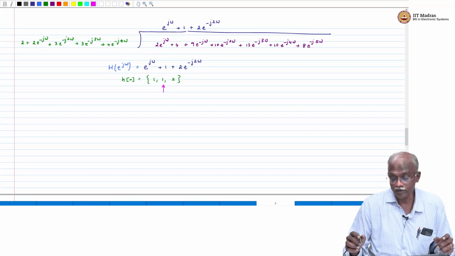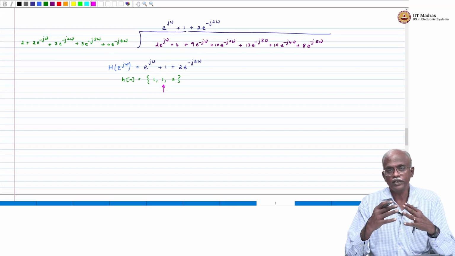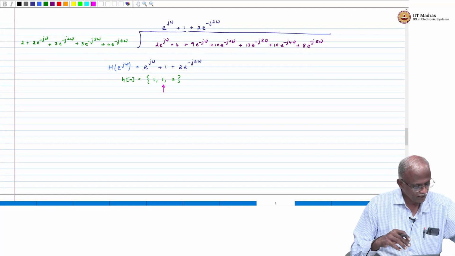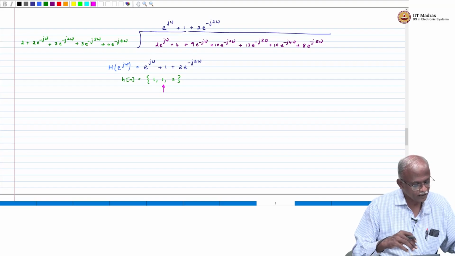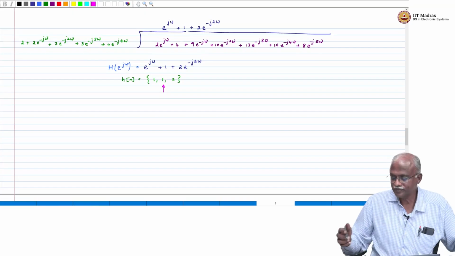The same calculation, if you had to do it in time domain, would require many steps. You can try that. You will find that it is quite cumbersome, and what we have done is a very simple way of doing the calculation.